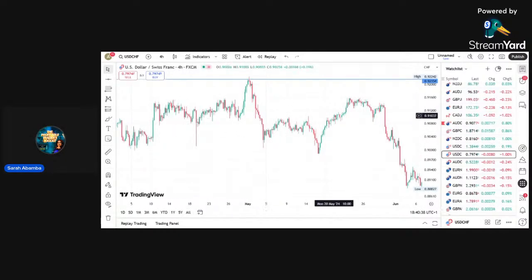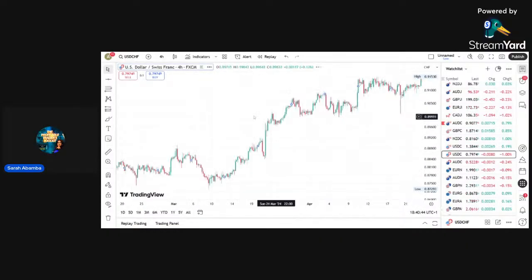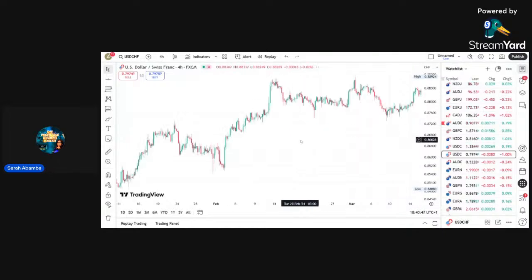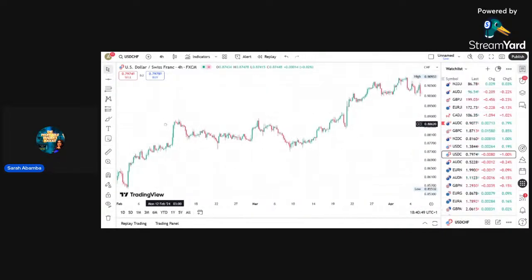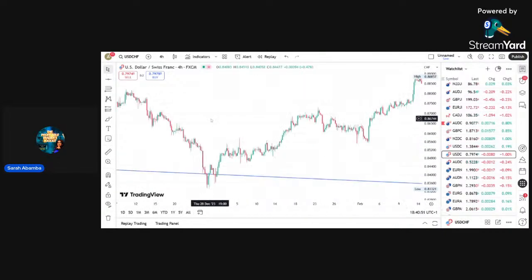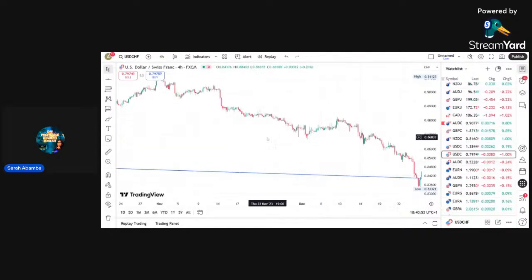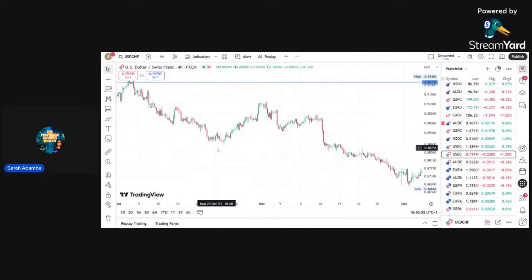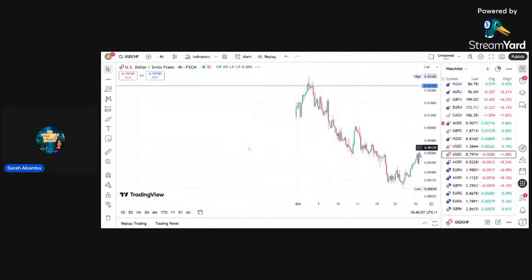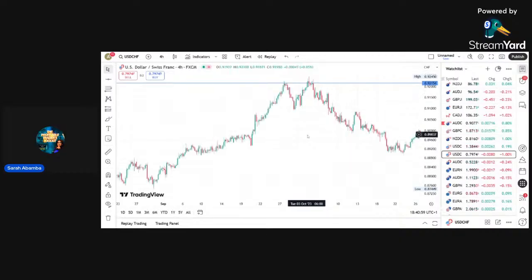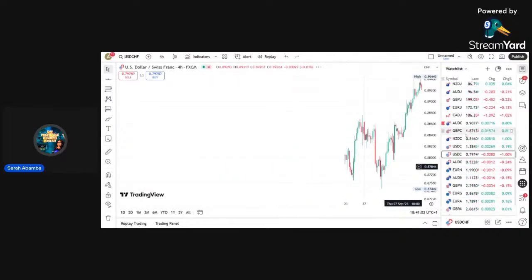First shoulder, the head, then the second shoulder, and the market dropped. This is a double top. Ah, I was seeing some triple tops. Let me go to it.